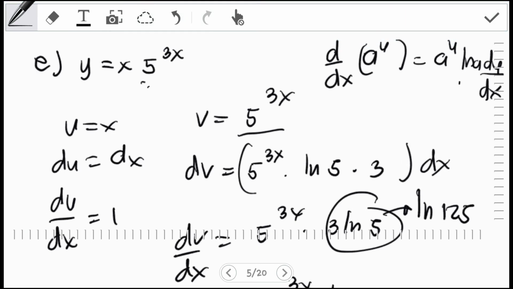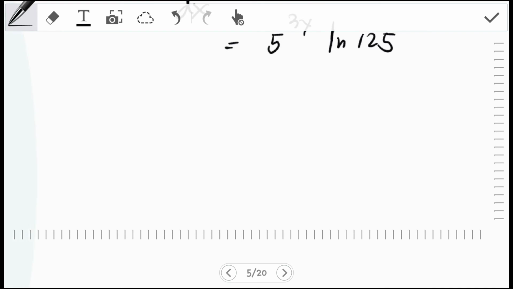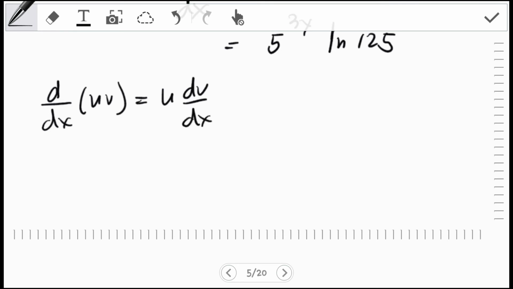Since the problem given is a product, we apply the product rule formula: d over dx of the quantity uv equals u dv over dx plus v du over dx.